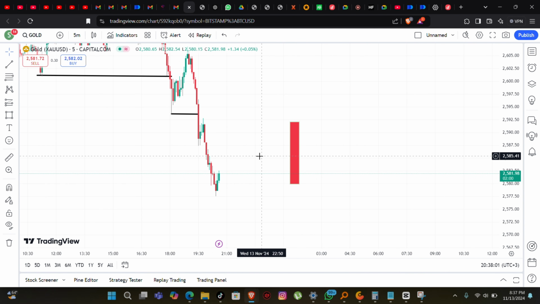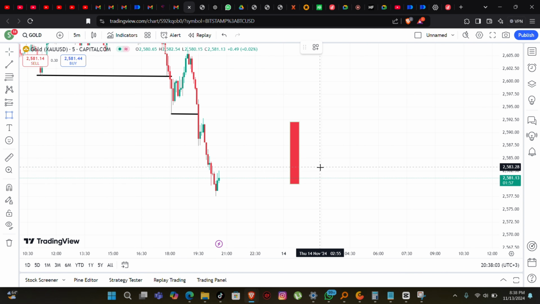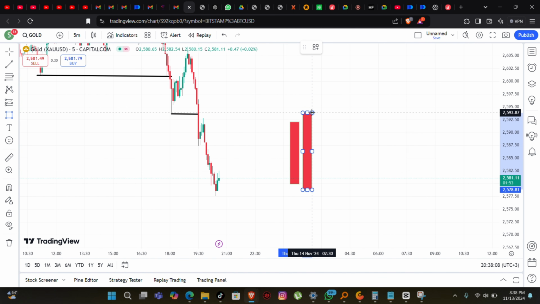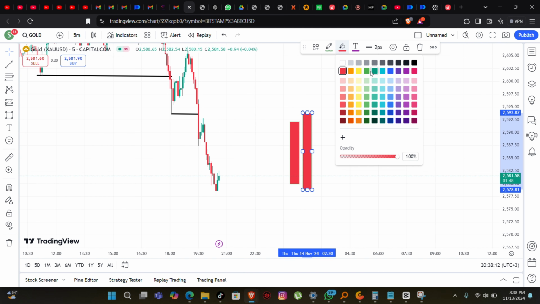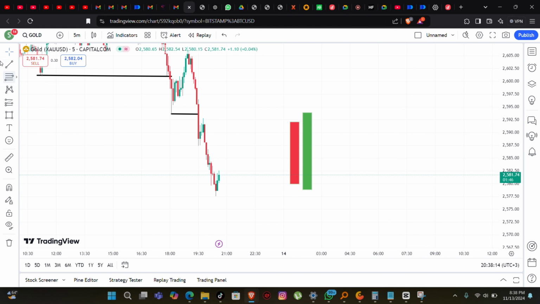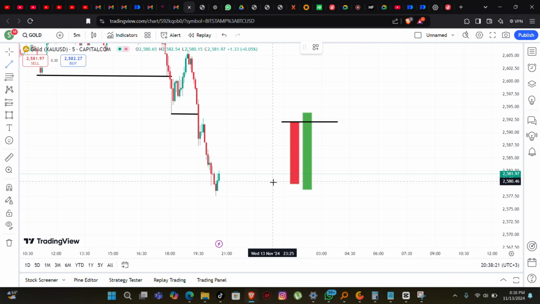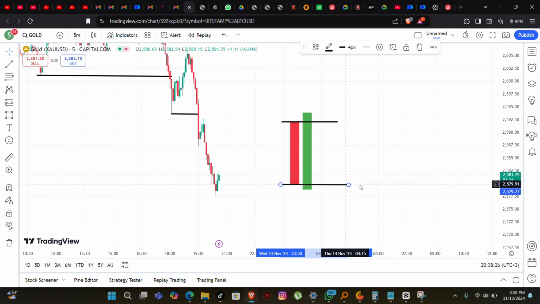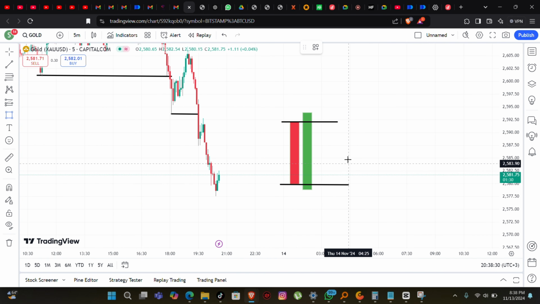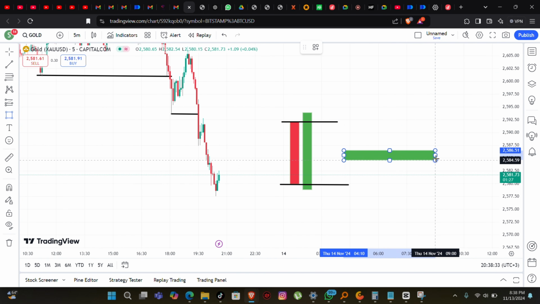Then the second candle that will form will be a green candlestick that is going to completely cover or engulf. So engulfing is basically covering. That is going to completely cover the first candle. You can see right now the red candle is within the green candle.